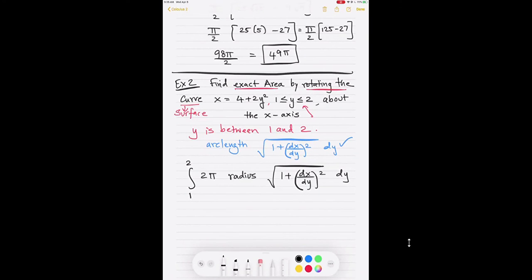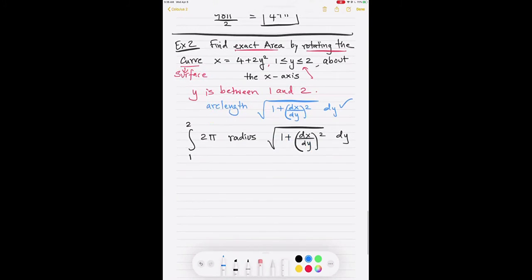So you are going about the y-axis. So if something is going about the y-axis, then the radius is x. So let me draw that picture for you. So if something is going about the y-axis, now this is x equals 4 plus 2y squared. So let me say x equals y squared is going to be something like that. y is between 1 and 2.